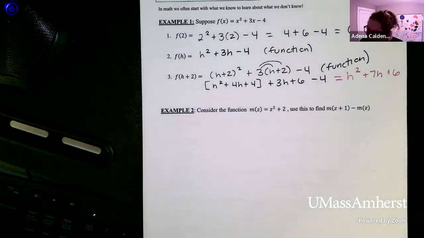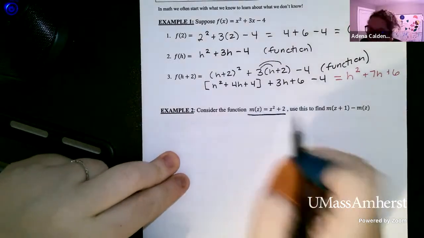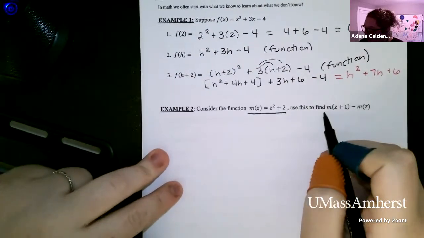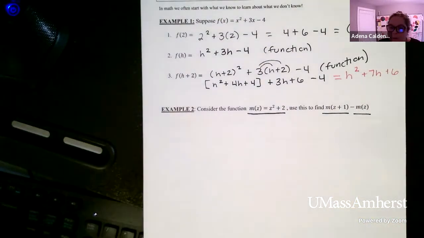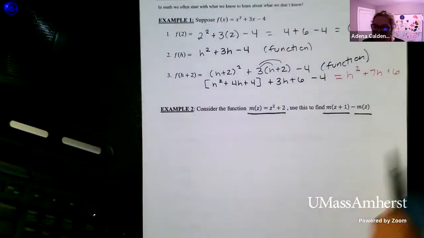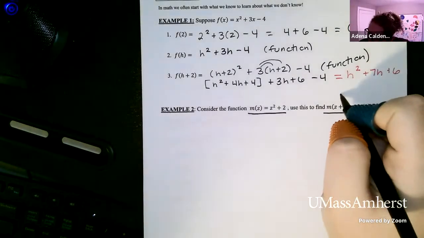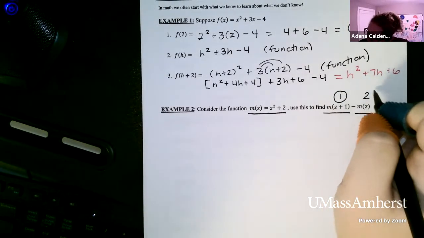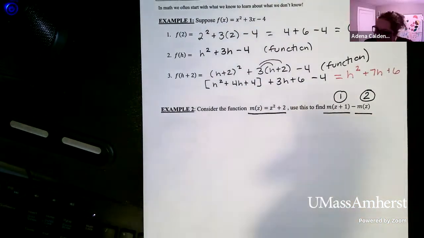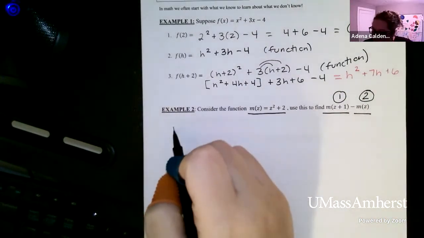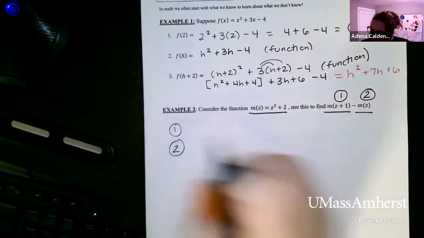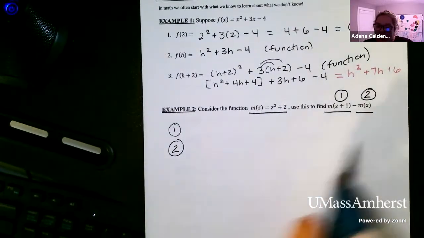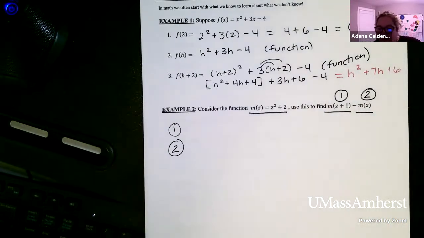So we want to take this original function and use it to find m of z plus 1 minus m of z. In order to do this final step of subtracting these two functions, we need to find each of these functions separately. So I want you to find m of z plus 1 first. Then I want you to find m of z. And then I want you to find m of z plus 1 minus m of z.